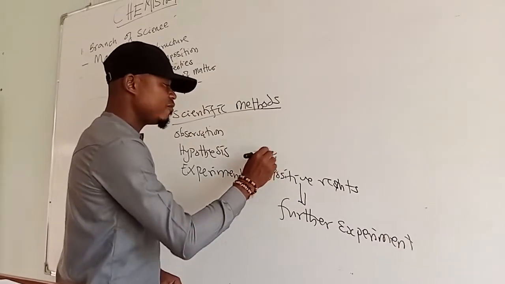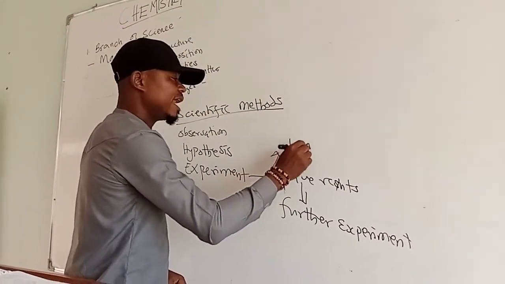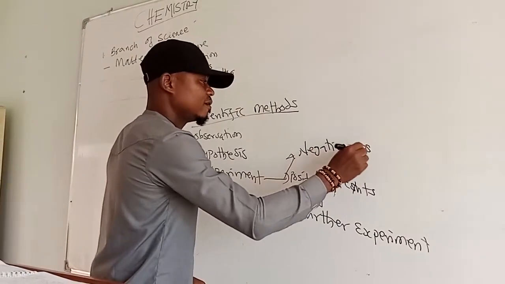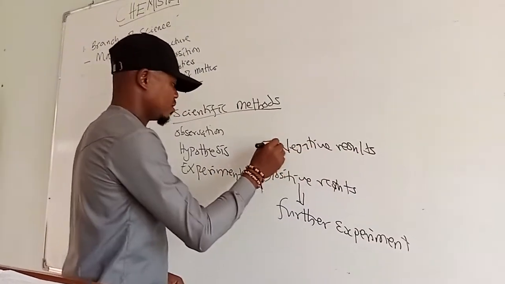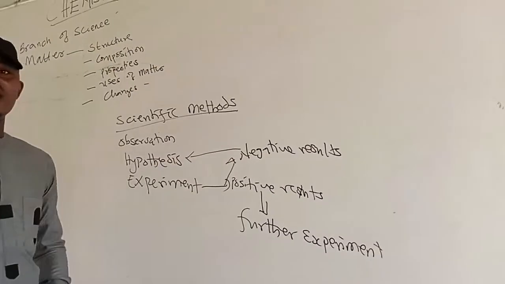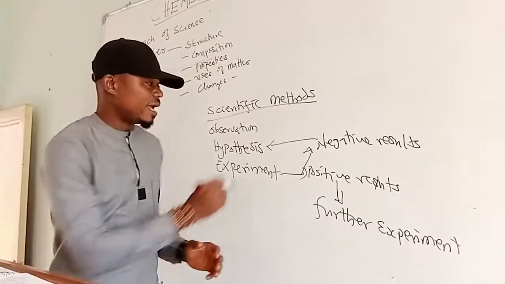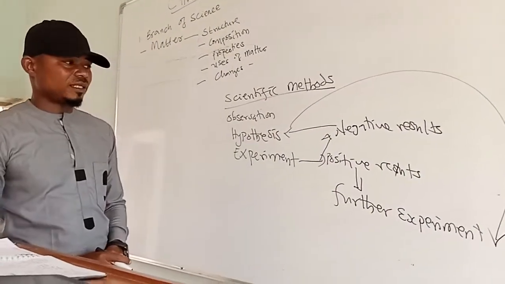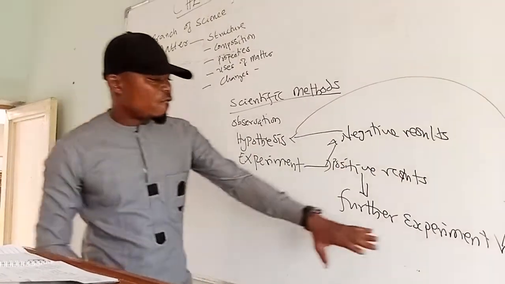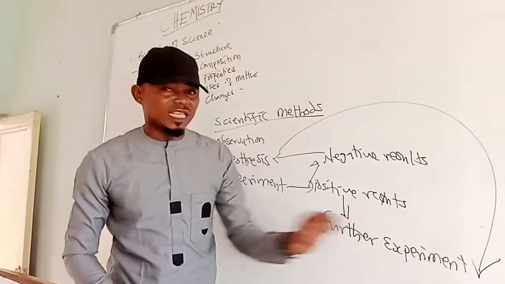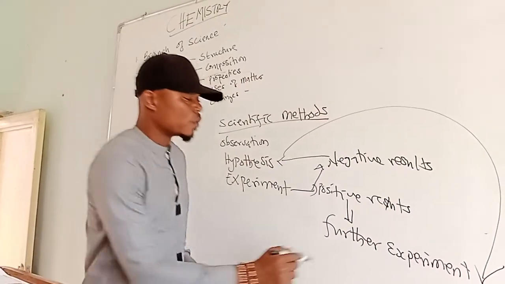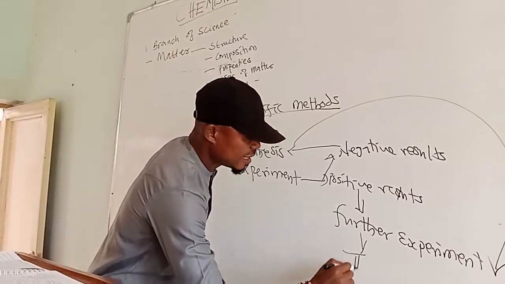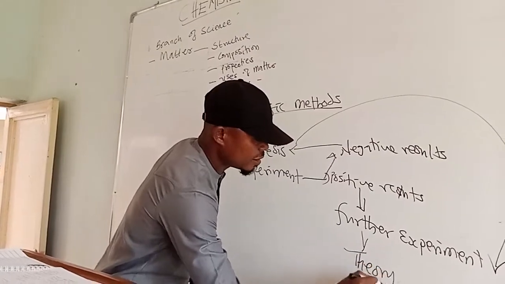But if you get a negative result, you modify your hypothesis and then you subject it back to further what? Experiment. Now, from the result of your further experiment, you'll be able to make a theory out of it.